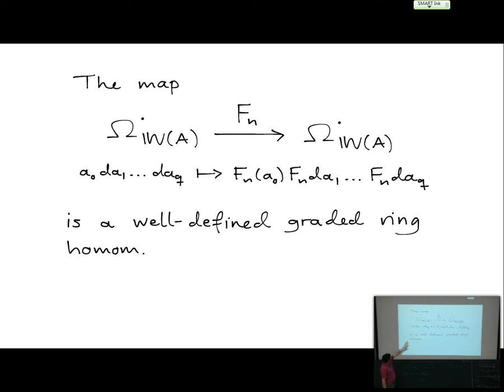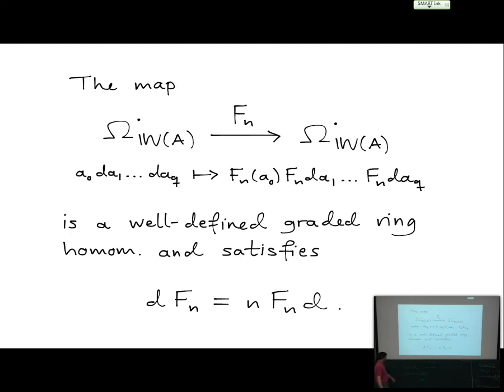So if we have an element A0 dA1 ... dAq and apply the Witt vector Frobenius to A0 and this divided Frobenius to the dAs, then this is a well-defined graded ring homomorphism. And it satisfies this divided rule, which is a manifestation of this epicyclic category.